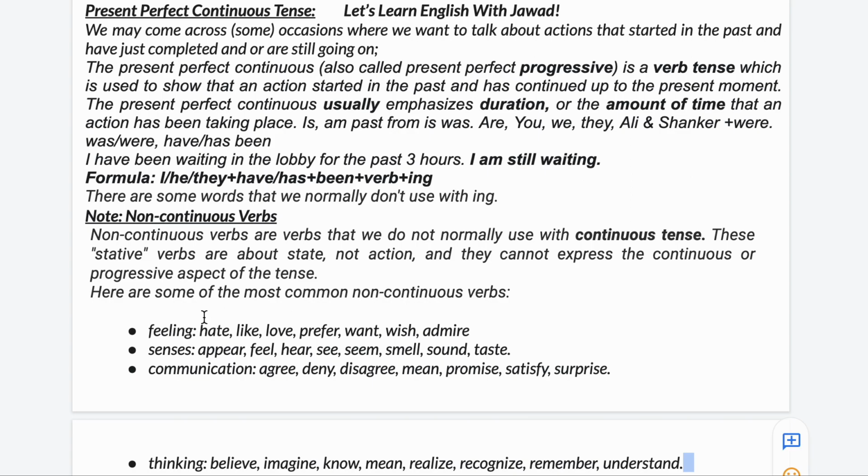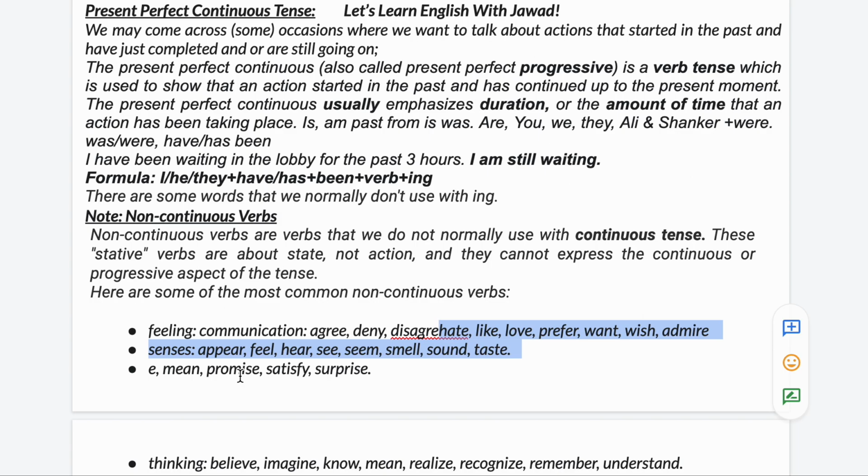And the list is here. So feeling, this is the meaning of feeling, and then senses, these are the meanings of senses. So all these verbs, we can't use like from here. We can use and so on.